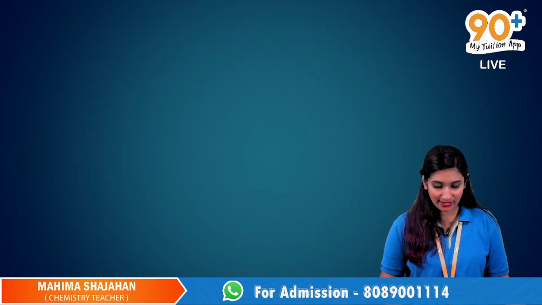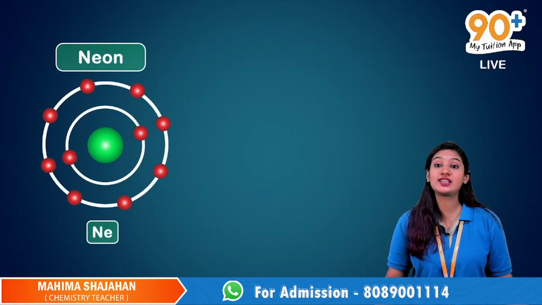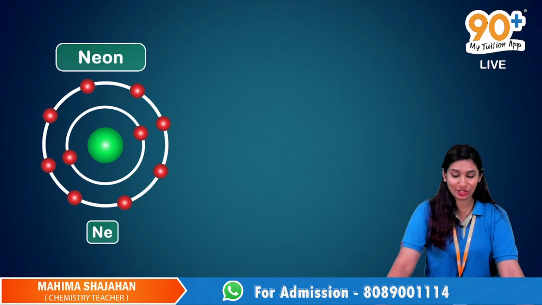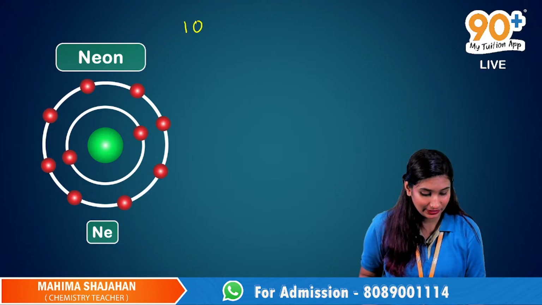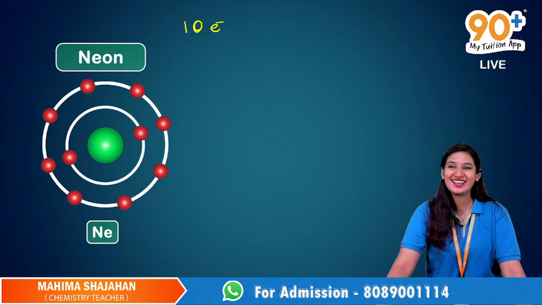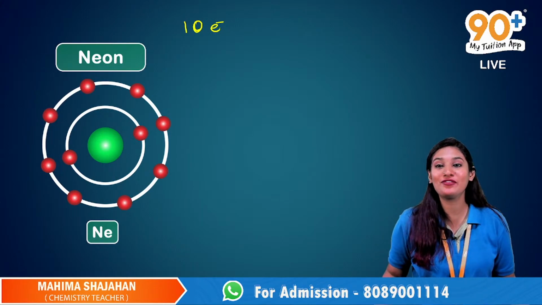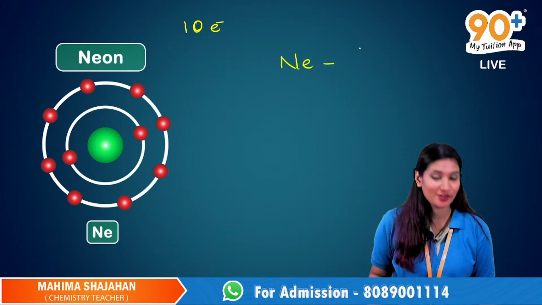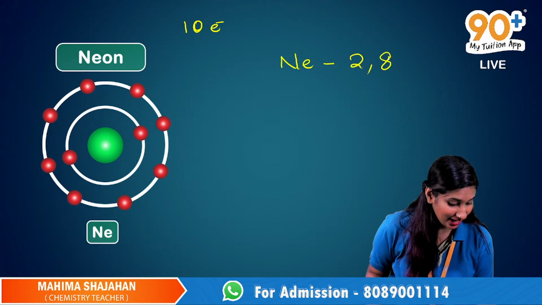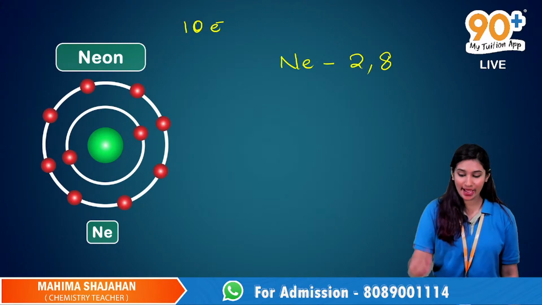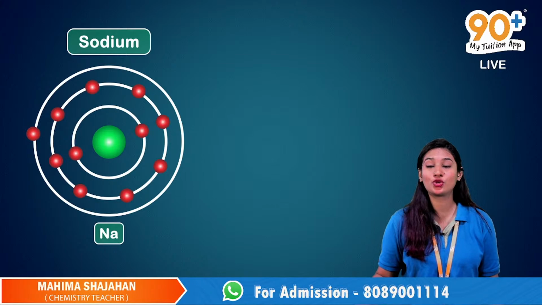Now, the next one is neon. Neon has got a total of 10 electrons, guys. How will you write the electronic configuration? First shell, 2 electrons, and then in the second shell, very good, it is 8 electrons. Now, the next one is sodium.